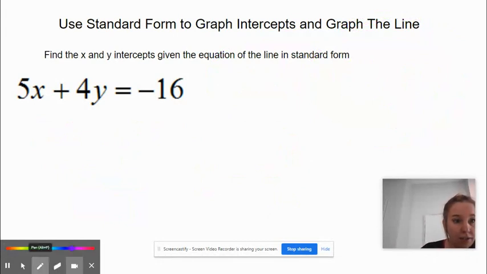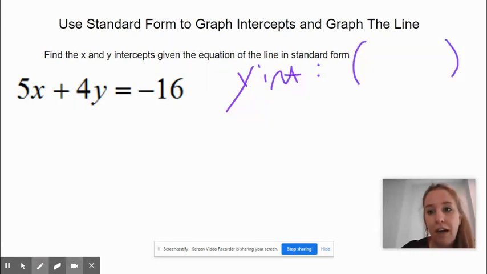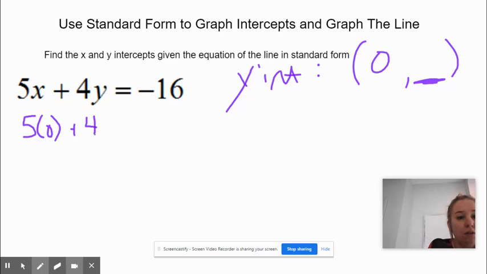So our y-intercept, now remember, y-intercept, that means we're going to have some value for y, and x is 0. So we're just going to plug in 0 everywhere we see the x. So some of you need to write it out, where you say 5 times 0 plus 4y equals negative 16.